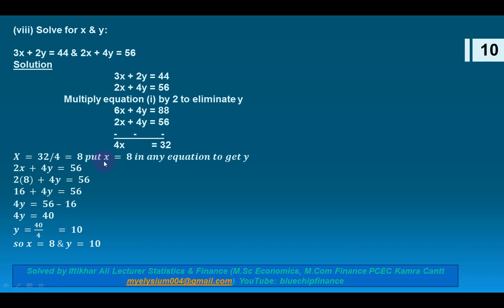After getting x, we simply put that x into any equation, either first or second, to get y. Taking the second equation, 2x plus 4y equals 56, and putting x equals 8, we get y, and y is 10. So x is 8 and y is 10.